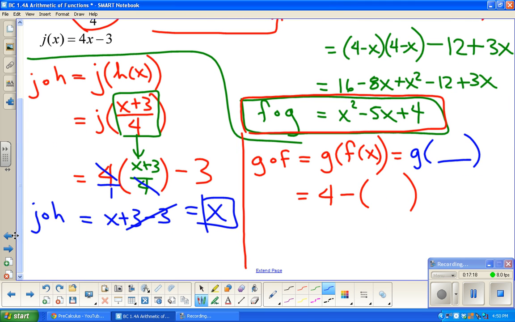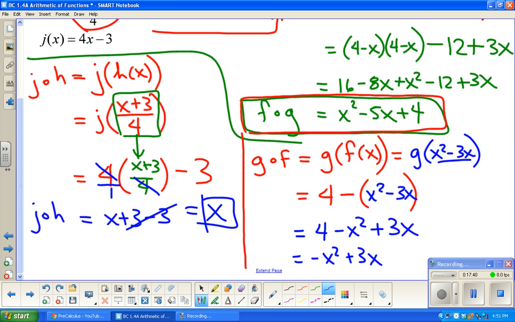Okay, so that was a quick peek. X squared minus 3x. Okay. Sorry, just to be complete. So doing my little subtracting the group here, this is going to be 4 minus x squared plus 3x. Think about the signs. Okay, one more. Negative x squared plus 3x plus 4. Again, I just prefer that order.